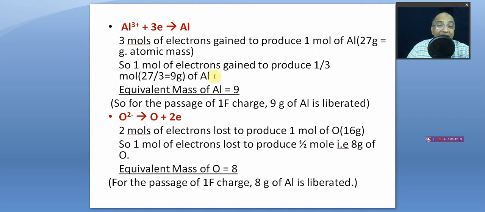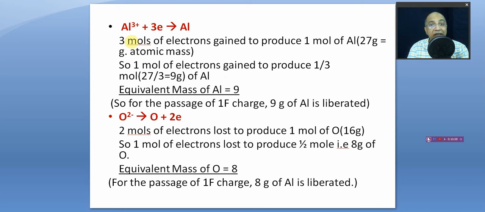So 1 mole of electrons is responsible for the production of 1/3 moles of aluminium. So 27/3, 9. So 9 grams of aluminium will be formed when 1 Faraday of charge is passed, or 1 mole of electrons is gained.